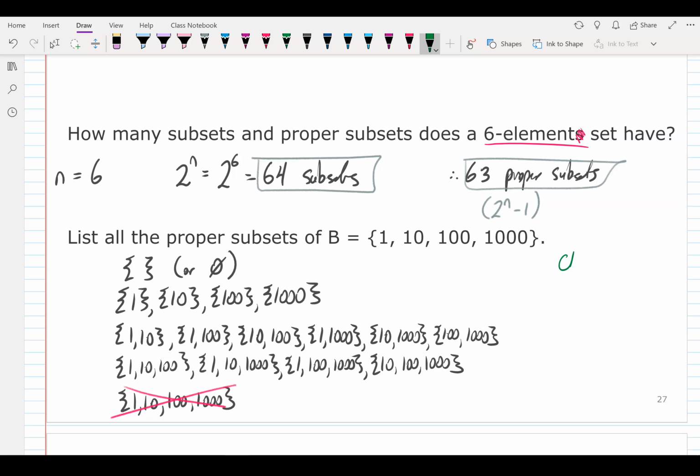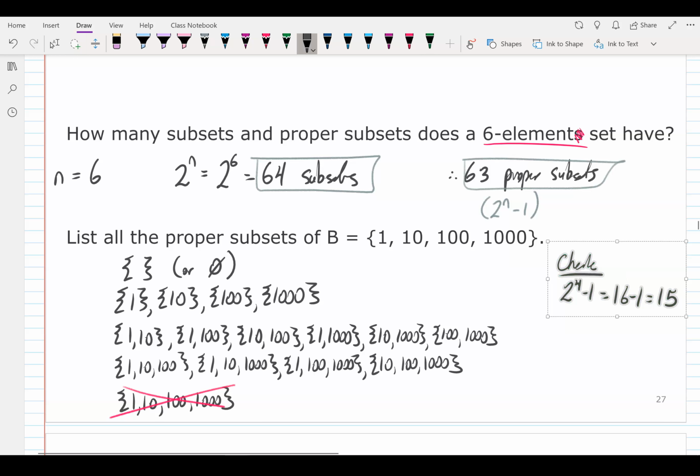So it might be a good idea just to write down a little check. You've got its proper subsets, so 2 to the power 4 minus 1. 2 to the power 4 is 16, minus 1. That will give 15. So I just double checked and made sure that that actually was the proper number of sets I've written down. And another important thing is make sure you don't have any duplicates.